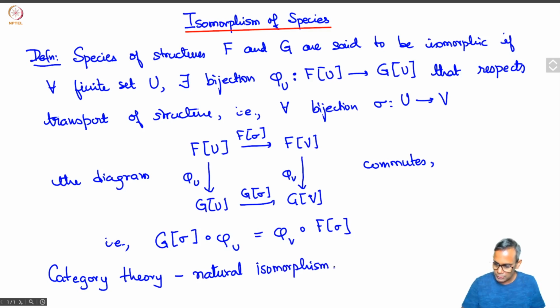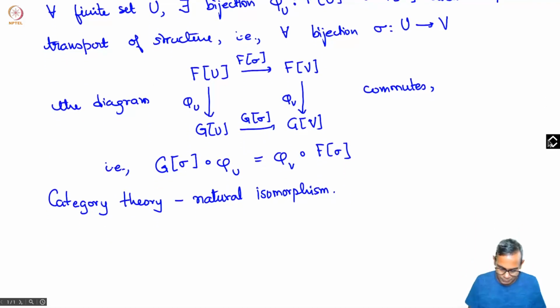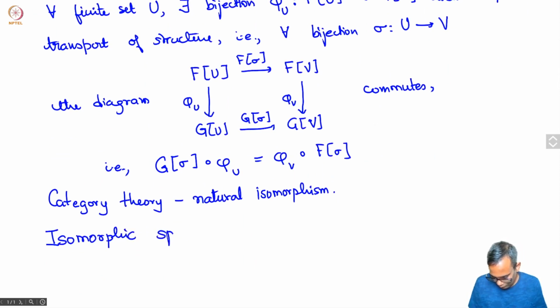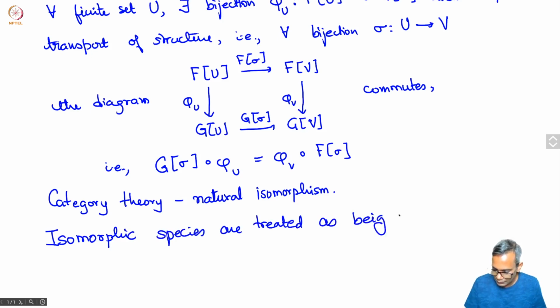So if two species are isomorphic, we treat them as the same. We treat them as being exactly the same, and they will in fact have many of the properties in common.